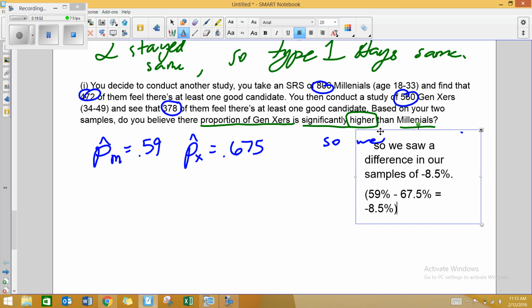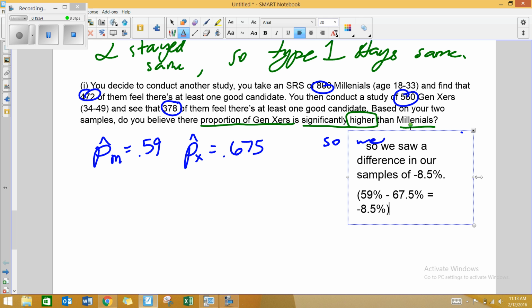Now, what that means is that Gen Xers were 8.5% more likely to believe that there's at least one good candidate than millennials, right? So this percentage of people and this percentage of people had a difference of 8.5%.